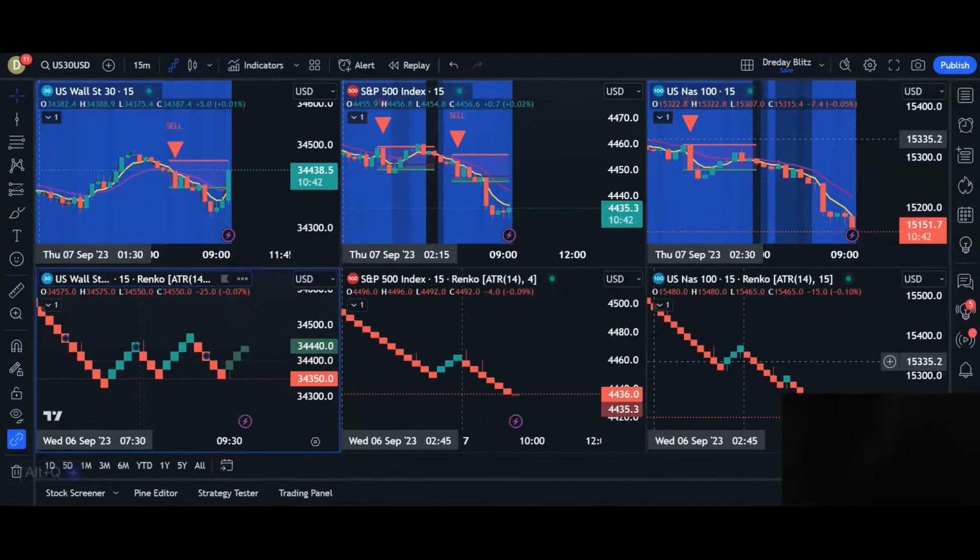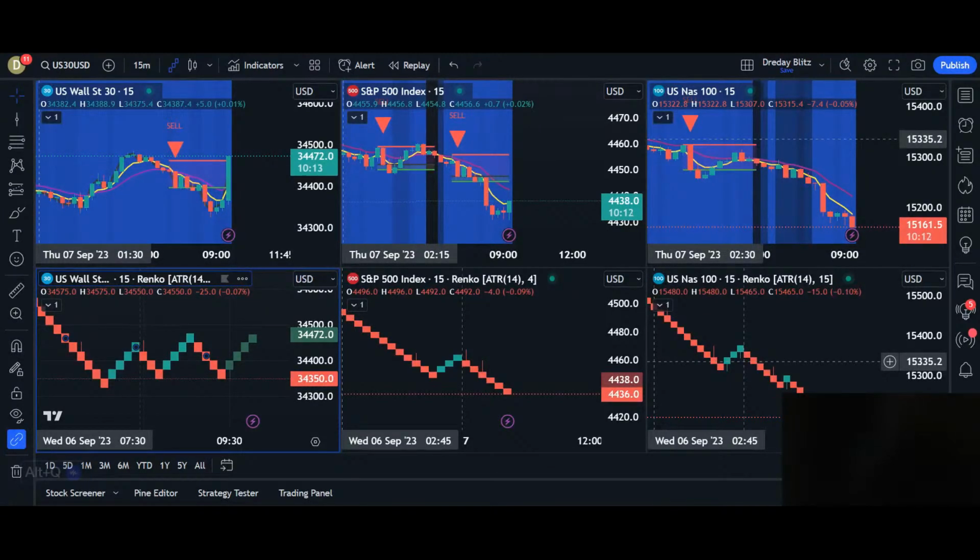Most of the people yesterday were in profit. And I have one of my students who took his first live trade. He was demoing the setup for a couple of days last week, and he started his live trading and was in profit on his own with the explanation I gave him. So congrats to Leon on that.